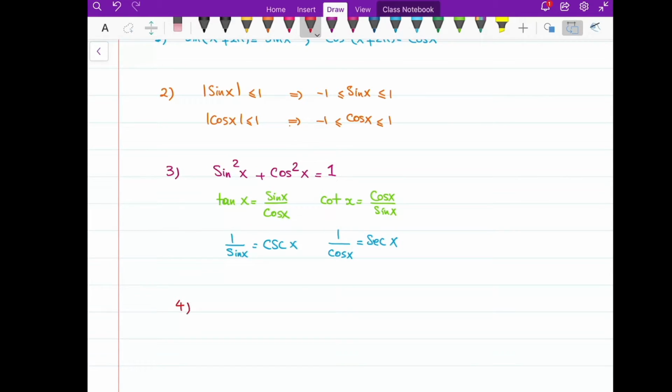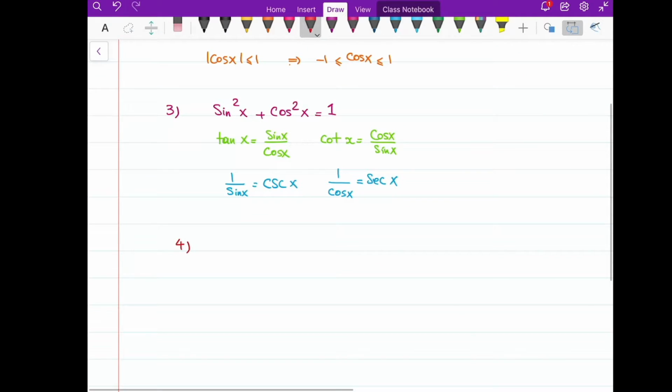This is number 4. I'm gonna tell you about the double angle formula. And what are they? Sine of 2x is equal to 2 sine x cosine x.